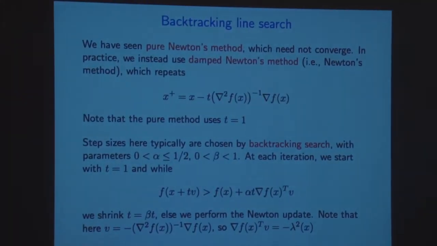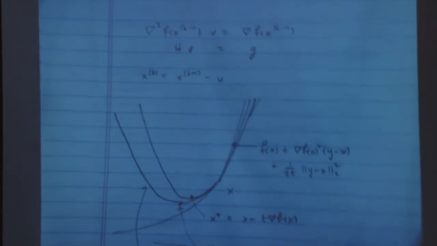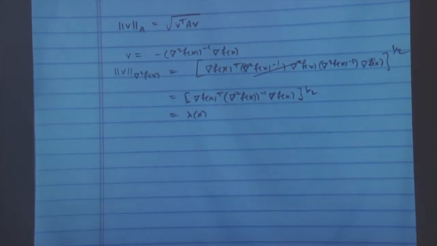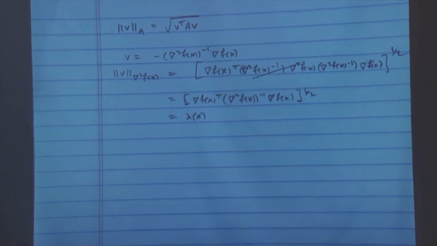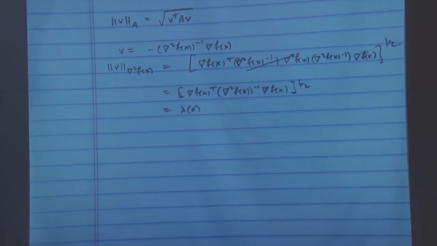It turns out that pure Newton's method doesn't necessarily converge. So if we just take pure Newton steps, where we always take a step in the full direction of the negative Hessian inverse the gradient, then depending on where we start, that might diverge. And in fact, we're going to learn that Newton has a very fast kind of convergence rate. So along with that means that it can diverge very, very fast too.